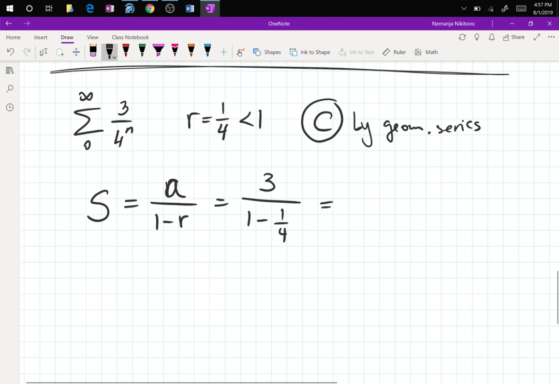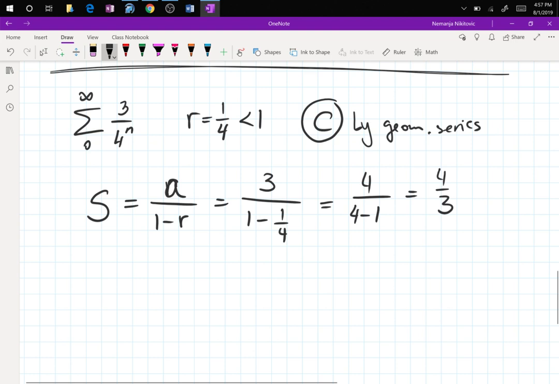There we go. Multiply top and bottom by 4 to get rid of the double fraction, and we have 4/3. So this means that when you add infinitely many numbers that are all this, it will add to 4/3.